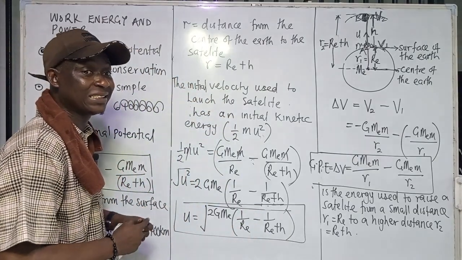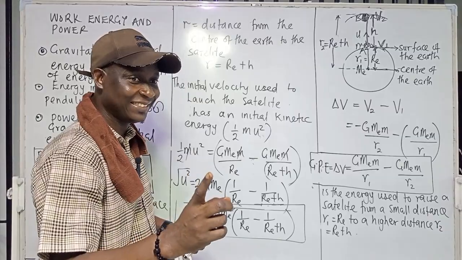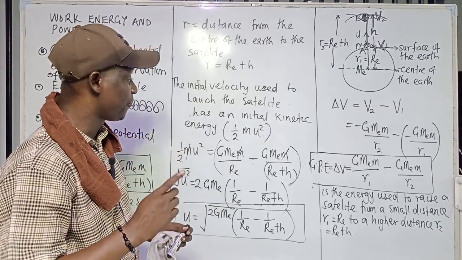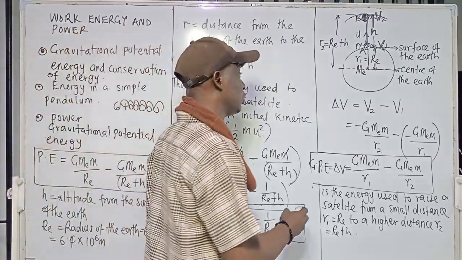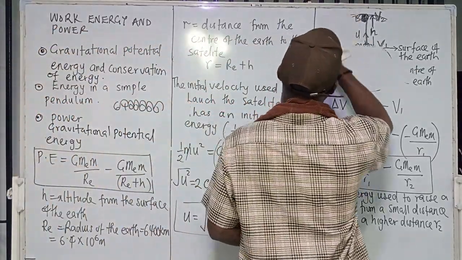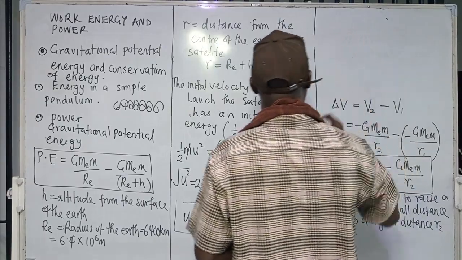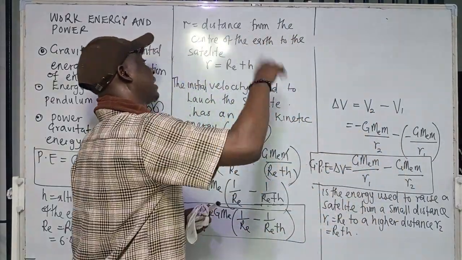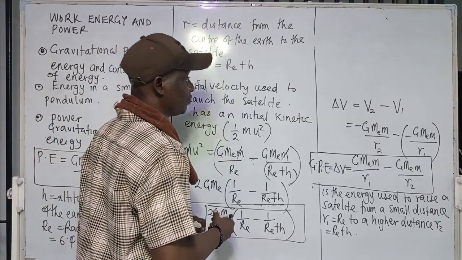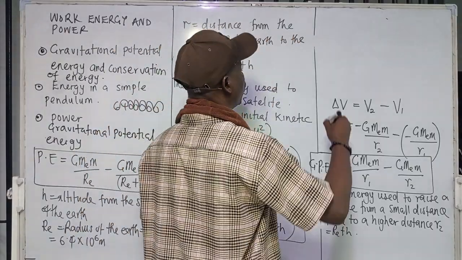But it is possible that the satellite does not return. This is a very vital information that you need to get. Now, if the satellite is launched with that velocity, let's assume that it does not return.